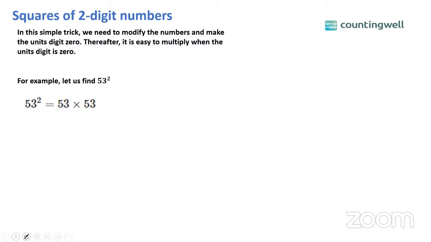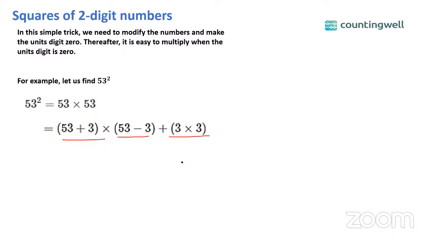Now we will write 53 square in such a way that the units digit becomes 0. So we'll write 53 square as 53 plus 3 into 53 minus 3, plus 3 into 3.